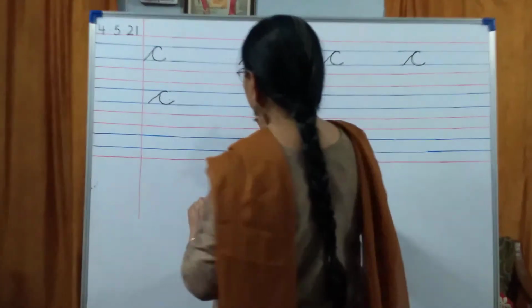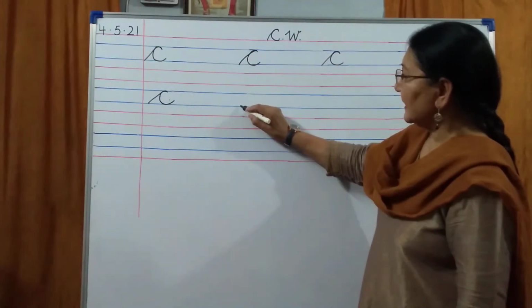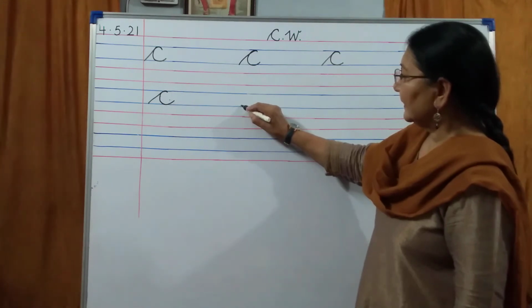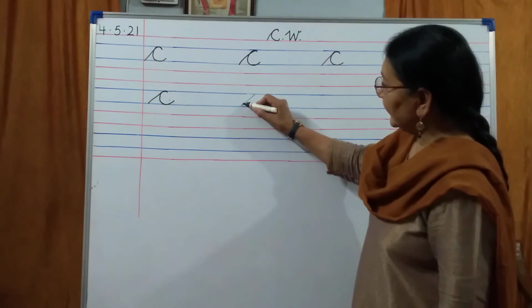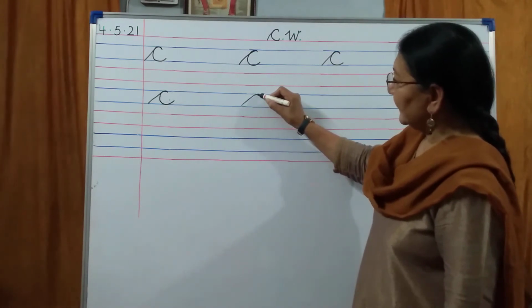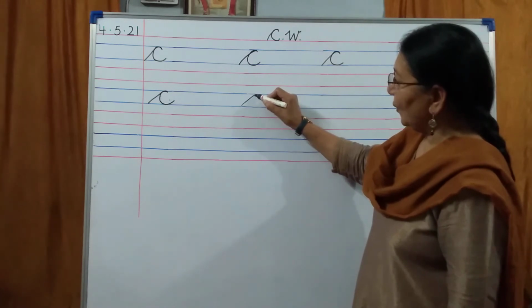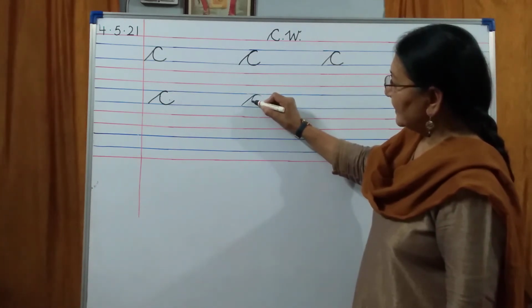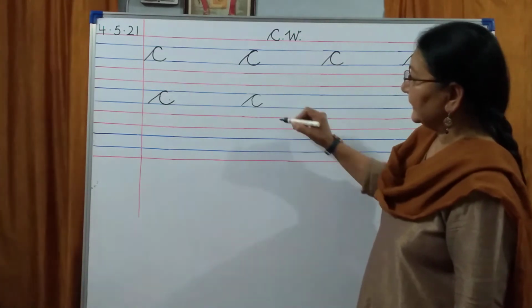Now from here, you see, this is the slant line. Everybody can see the slant line. Come a little in front, bend a little, then go back, a small curve till the lower blue line, and then a little up.